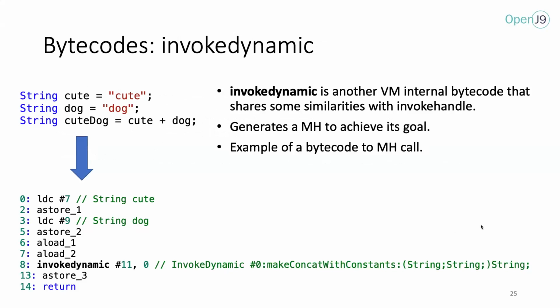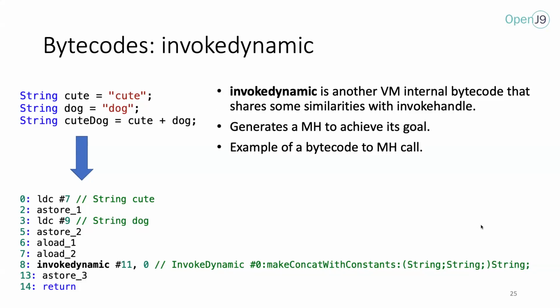And here's the other bytecode that is an important part of the MethodHandle implementation, and that's invokedynamic. It is also an internal bytecode that the VM uses internally, and it has some similarities with invokehandle.